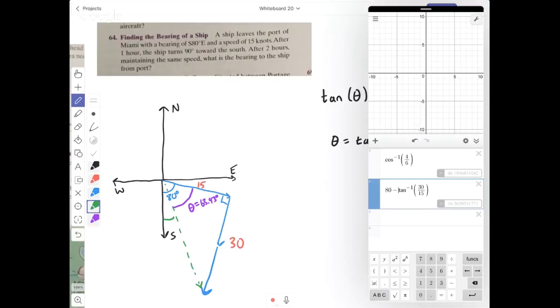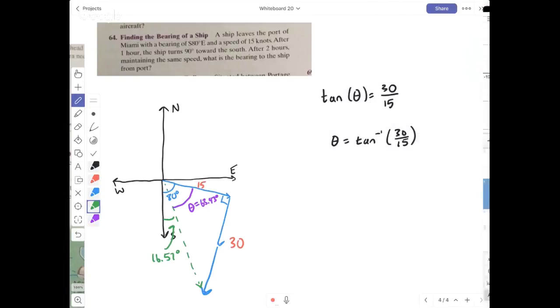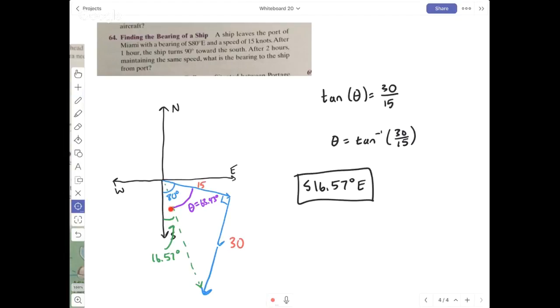So here in green, I have 16.57 degrees. Okay, which means that the bearing to the ship from port is south 16.57 degrees east. That's the bearing along this green line. From south, 16.57 degrees towards the east.